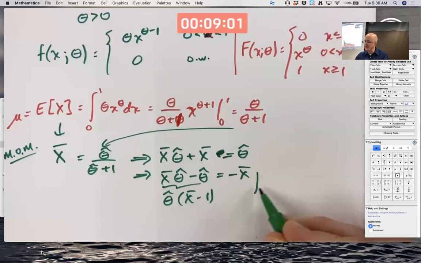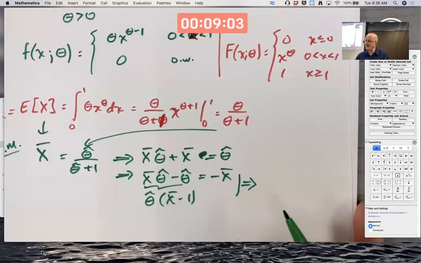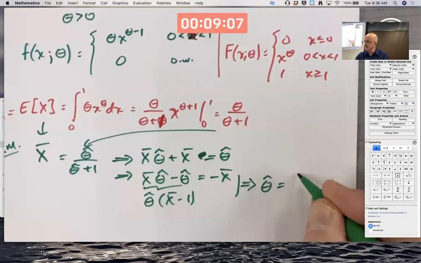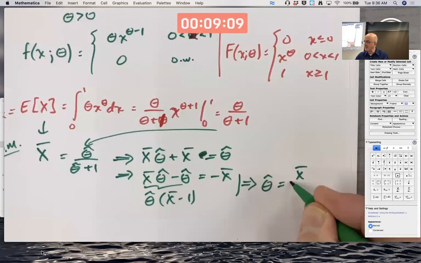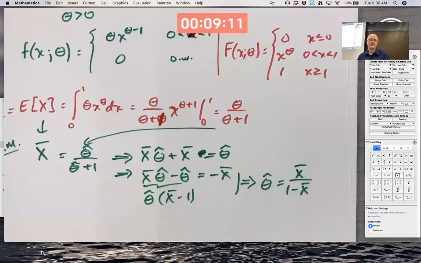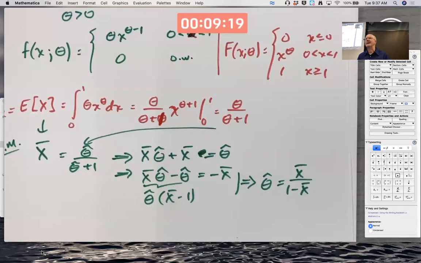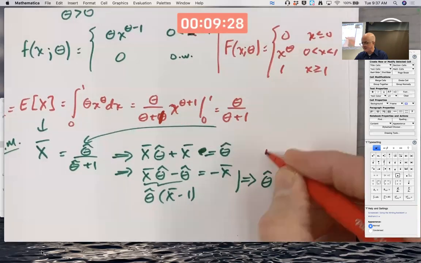Divide both sides by x bar minus 1 and then negate the top and the bottom, and you would get theta hat equals x bar over 1 minus x bar. So I did 2 steps there. I first divided both sides by x bar minus 1, and then I took the resulting fraction and multiplied the top and bottom by -1, so I don't have to worry about the negative sign on the top. So there's the method of moments estimator for theta.